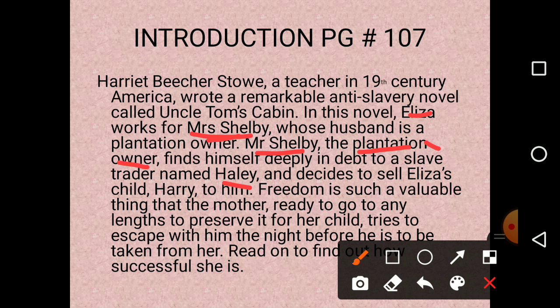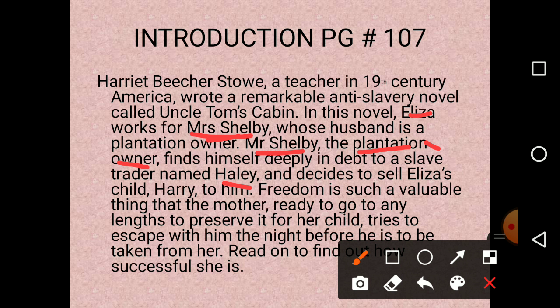So when she is living here, Mr. Shelby thought that I can sell Eliza's child Harry to Heli, and that's how he is going to get rid of the money. Actually, he is selling Eliza's son to Heli.